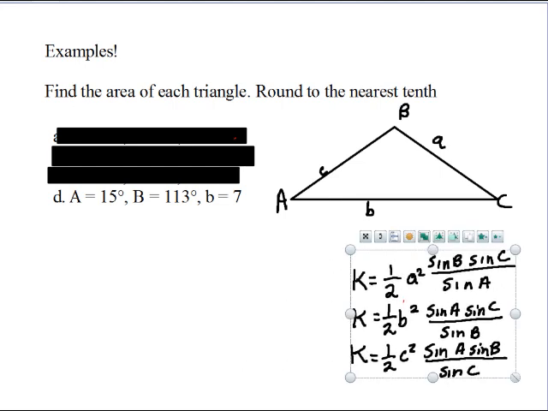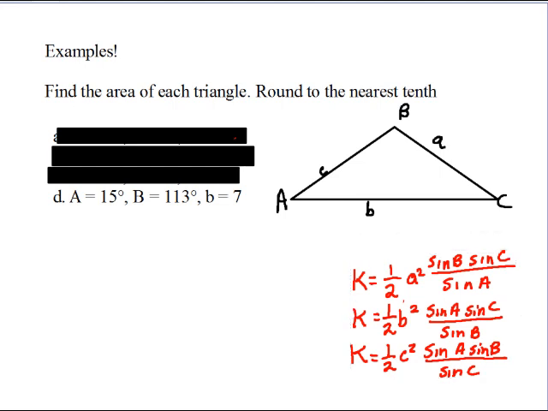So remember, we have to figure out that third angle measure. So let's go ahead, plug in. I have to find a third angle measure. So big C is going to be 180 minus 15 minus 113, and you're going to get 52 degrees. Okay.